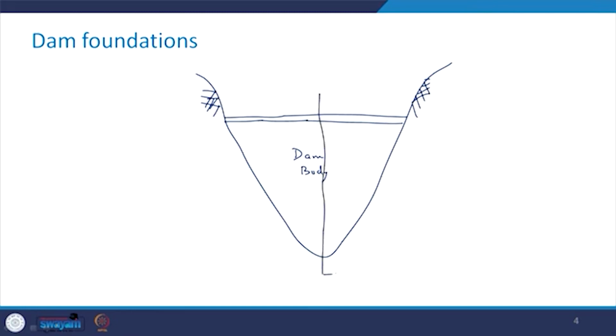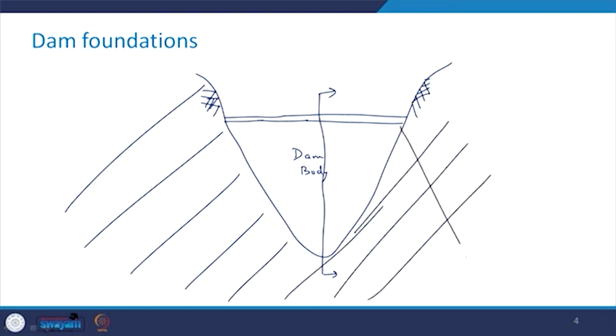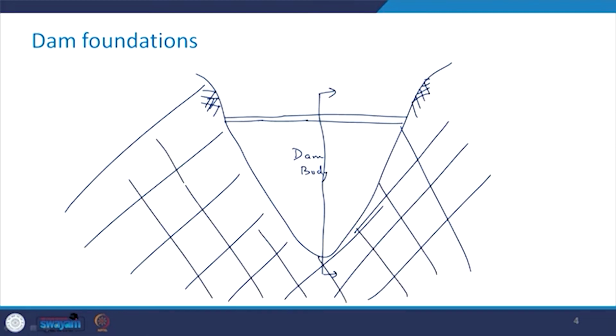And I take a section, I will draw the cross section a little later, and then here we have the rock mass. This is the right abutment, and here on this side you have the left abutment. And this whole portion is rock or rock mass.